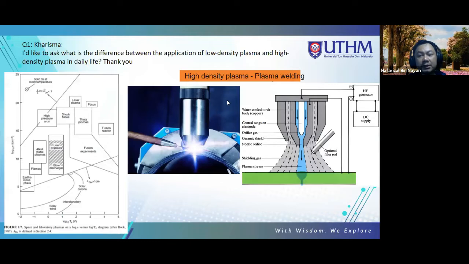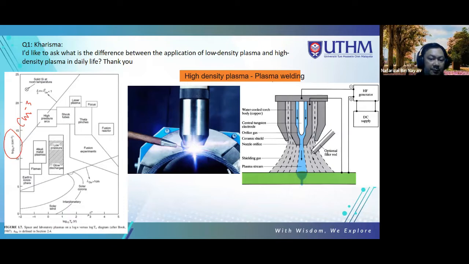Okay, so the first question is about low density and high density plasma. In this graph we can see the density of the plasma, with the unit centimeter to the minus 3, a cubic centimeter.